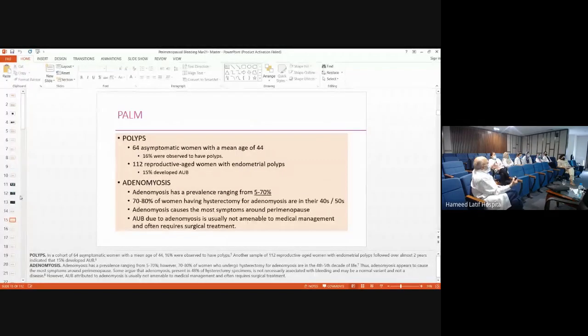16. So, if this is a reasonable number of 64, the incidence of polyps you can say is 15 to 20%. This is an easy way of remembering: instead of remembering the exact figures, you can say that in women in their mid-40s, the incidence of asymptomatic polyps is likely to be around 15 to 20%.